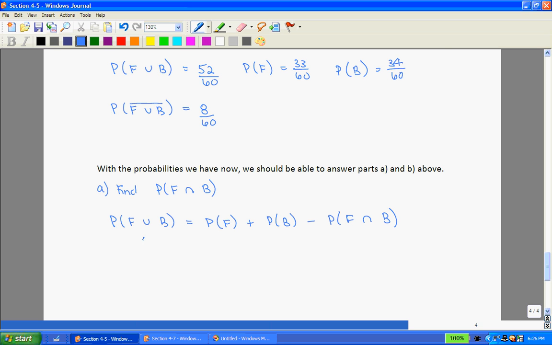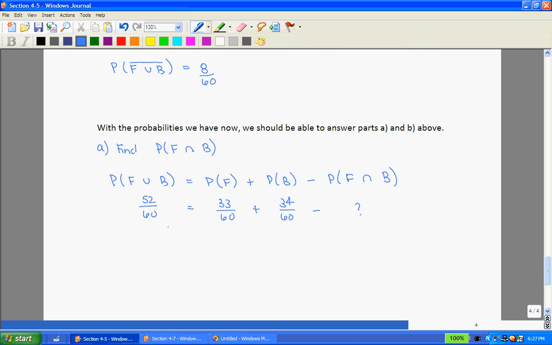We know the union, 52 over 60. We know F, 33 over 60, and B, 34 over 60. So the only part we don't know is F intersect B, which is what we're trying to find.